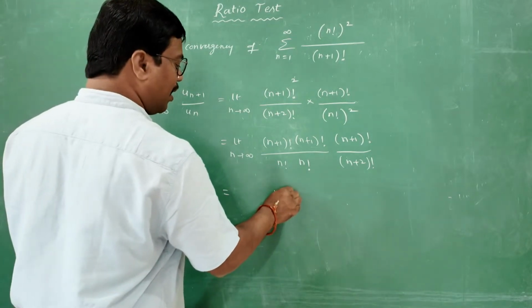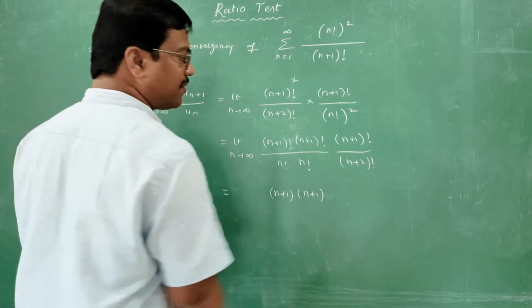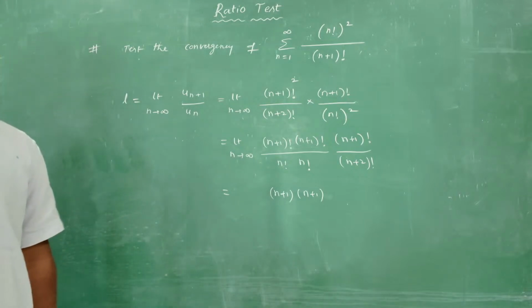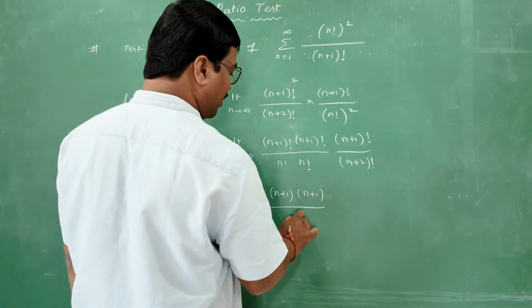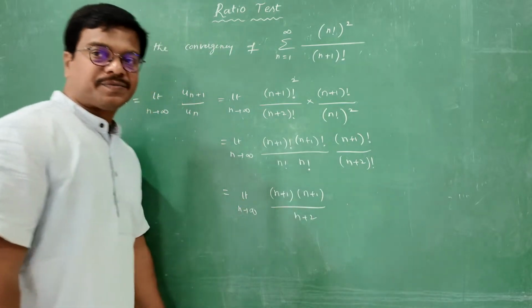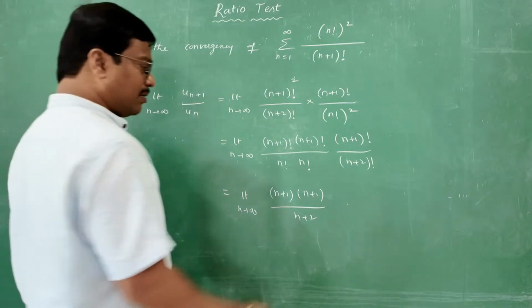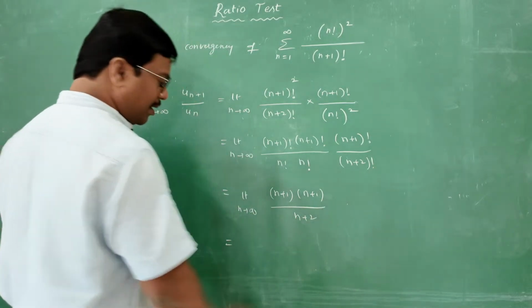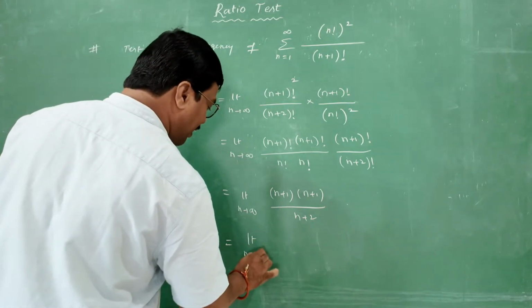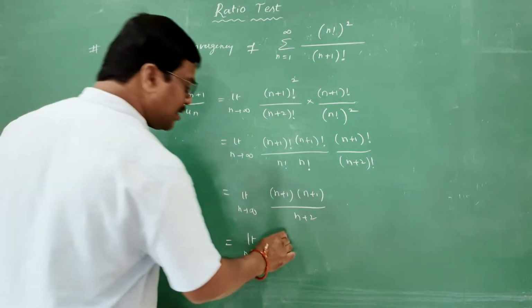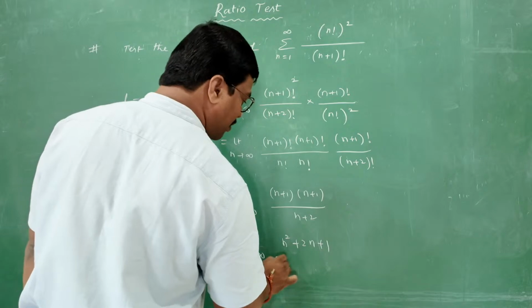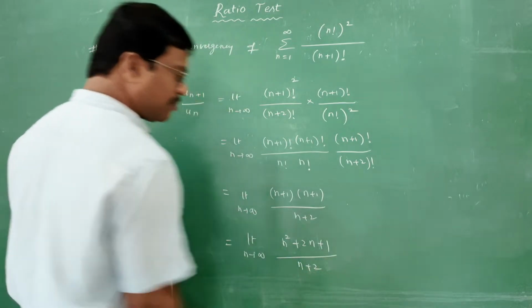Okay, and also here n plus 1. What about this n plus 1 factorial by n plus 2 factorial? In the denominator part, you will get n plus 2. Limit n tends to infinite. Okay. Now I am going to write limit n tends to infinite. This is n square plus 2n plus 1 whole divided by n plus 2.